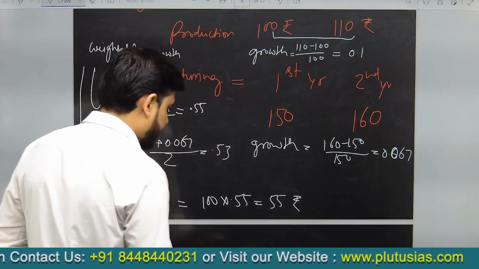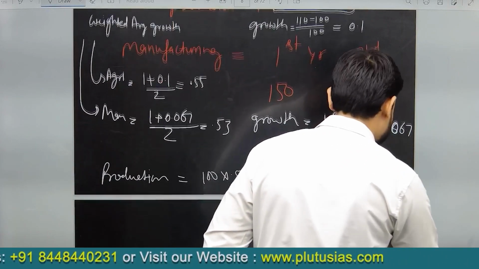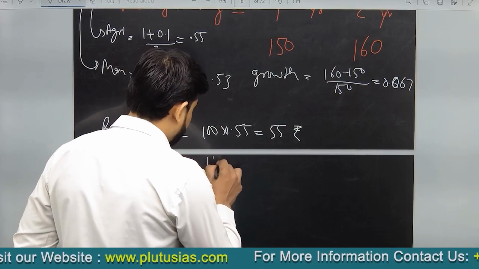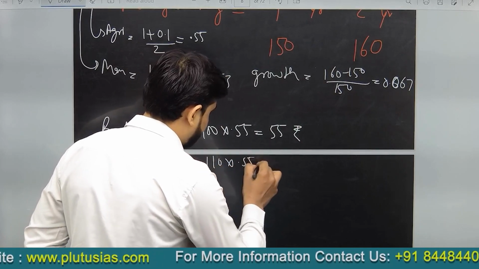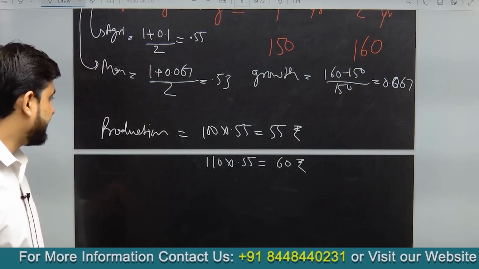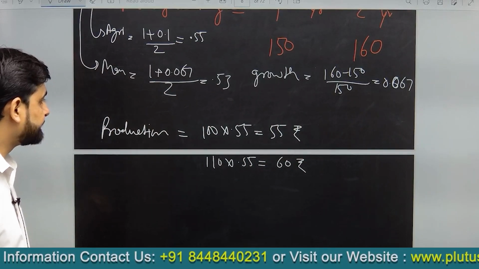Second year production: 110 multiplied by 0.55, near about 60 rupees. Roughly consider in agriculture sector.